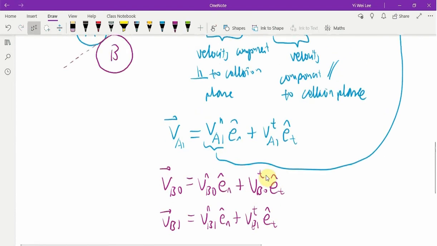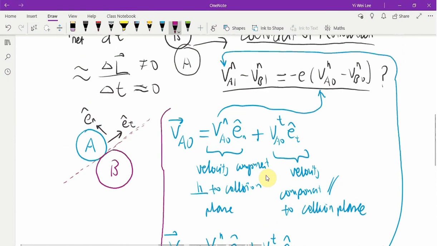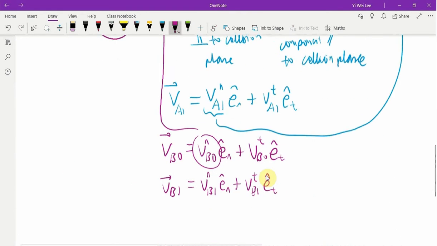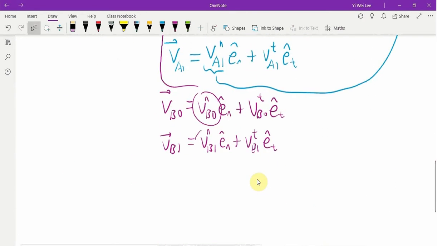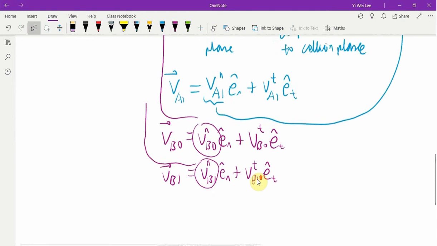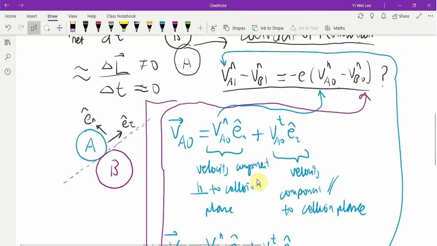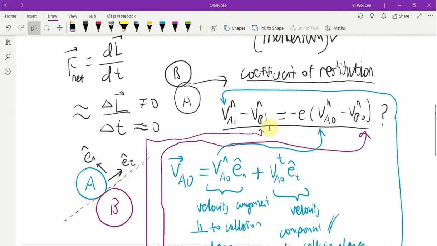Now apparently this VB0n was actually used in this part of the coefficient of restitution, and this VB1n was used in this part of the coefficient of restitution. So that's how all these terms in the coefficient of restitution come about.